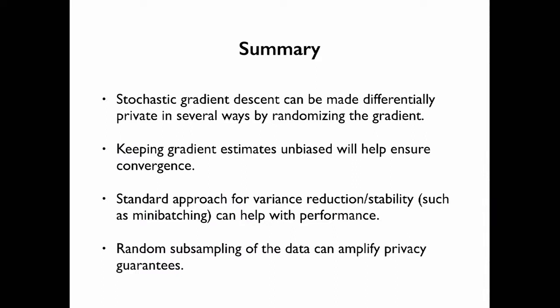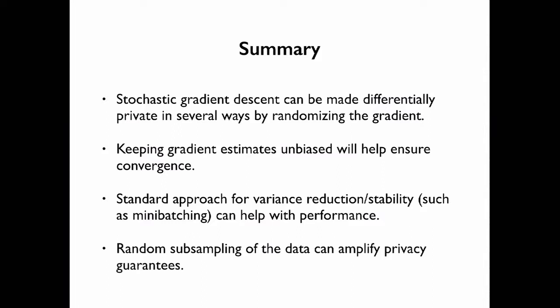And we can do a lot of tricks to reduce the instability caused by adding noise. And actually, these tricks can, in themselves, help with the performance. That is, I can guarantee better privacy guarantees if I use some of these tricks.